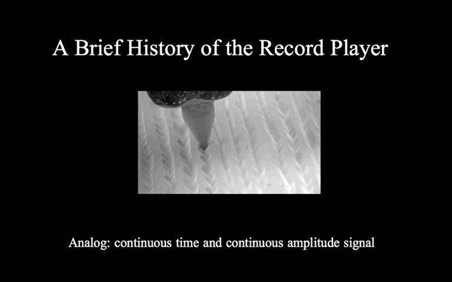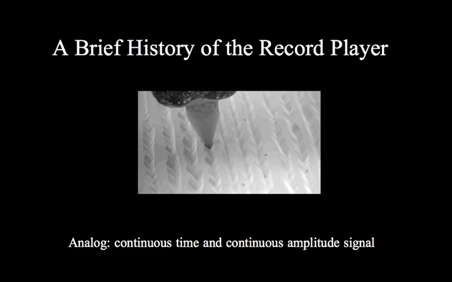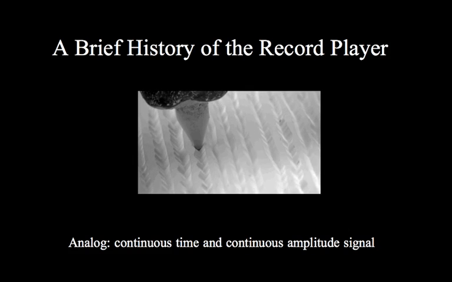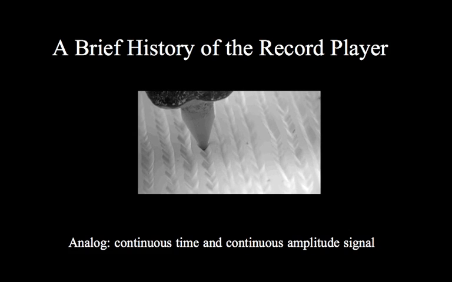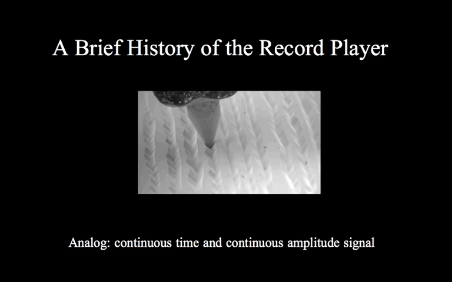So if we look at it microscopically, this is a needle on a record player following the grooves, following the sonic sculpture that is written onto the disc. So this is what we mean when we're talking about continuous time and continuous amplitude.